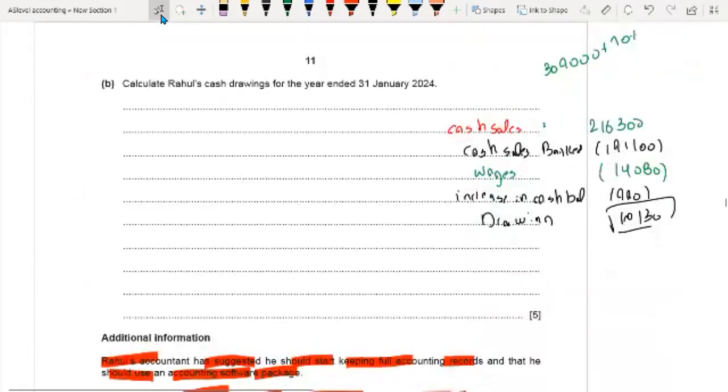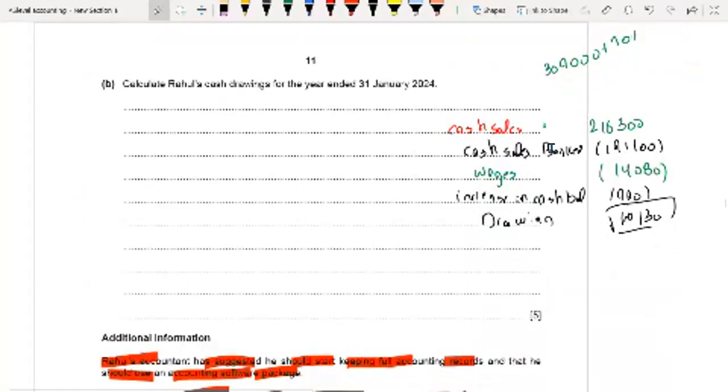If you see here, cash sales would be added because this would be coming under the debit side. So we have to add this cash sales. Our cash takings we deposited into the bank, so that's why we have to make its credit entry. That's why we are deducting it. Wages is also a credit entry, so that's why we are deducting it.